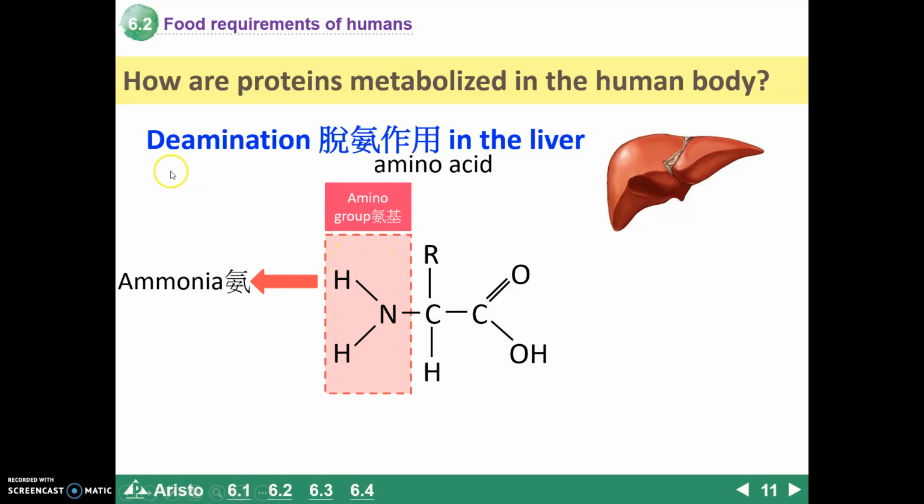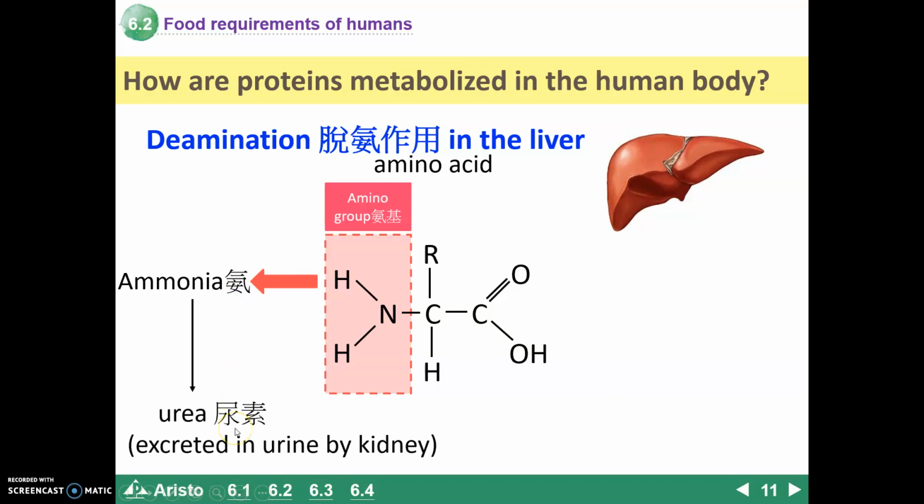By deamination, the amino group is removed, and this NH2 group will become ammonia. The ammonia will be converted into urea, and this urea will dissolve in water and be excreted by the kidney in the form of urine. We call that deamination: the amino group is removed.